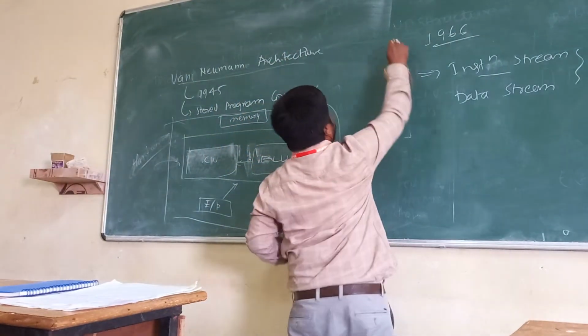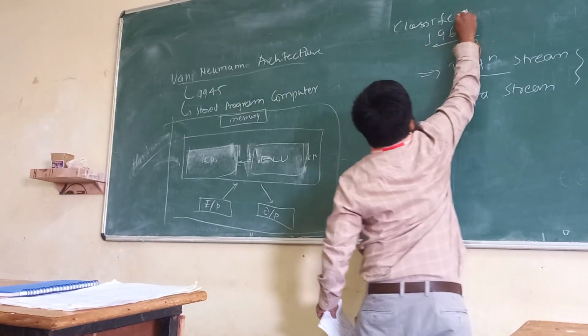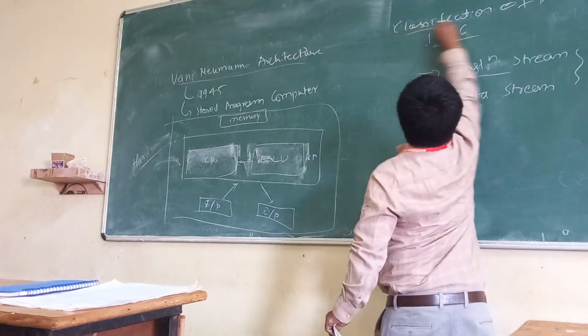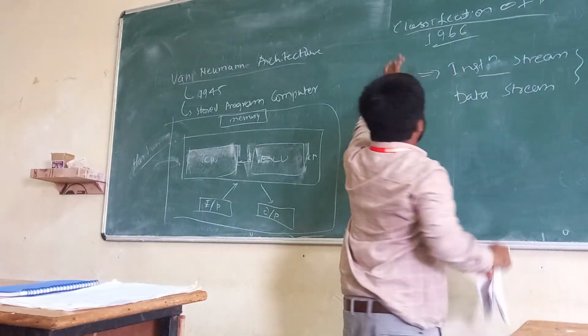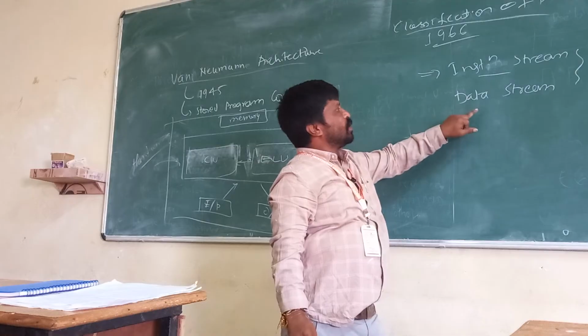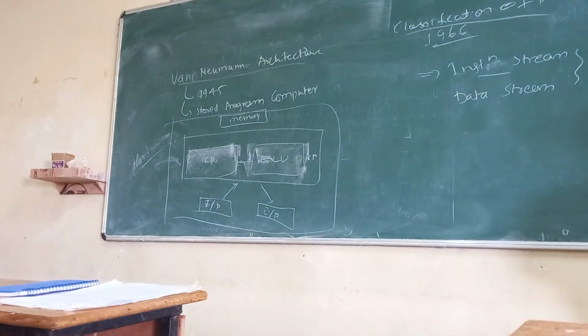Just write the classification of parallel computing. How is parallel computing classified? In 1966 they classified it based on the instruction stream and the data stream. Here we have four types of parallel computing. One is single instruction stream, single data stream.